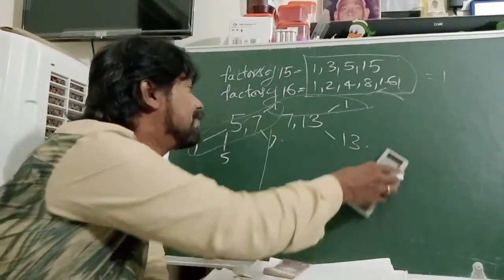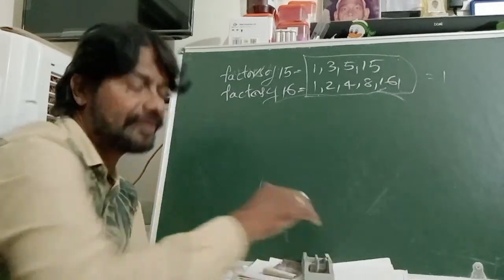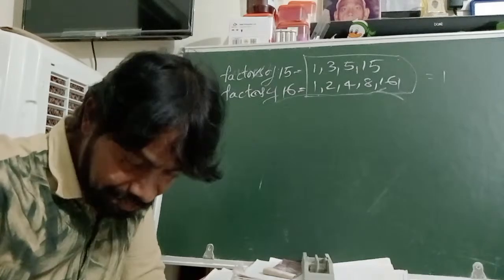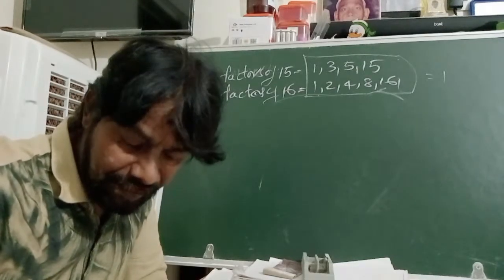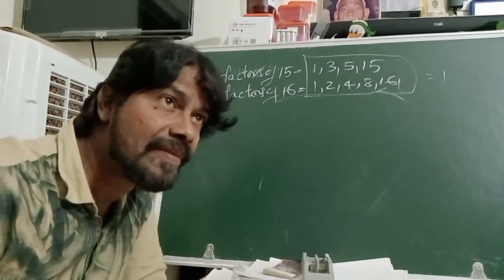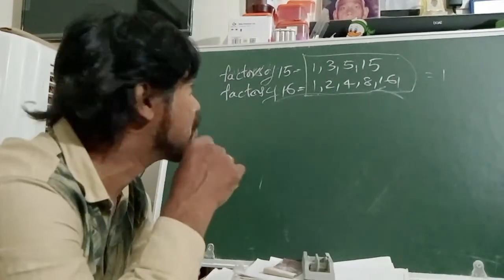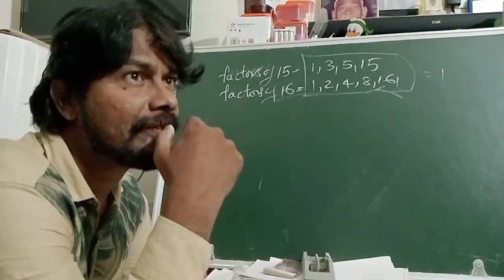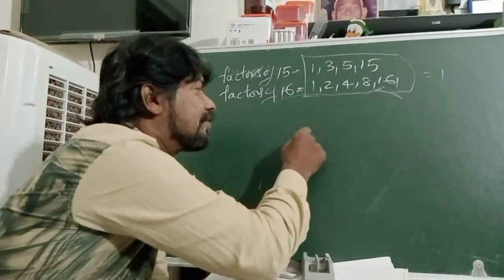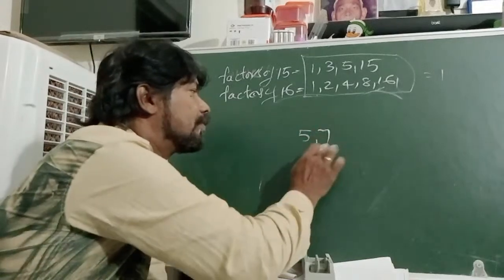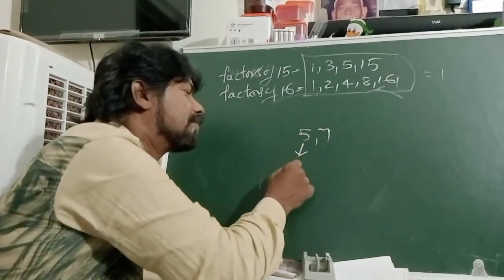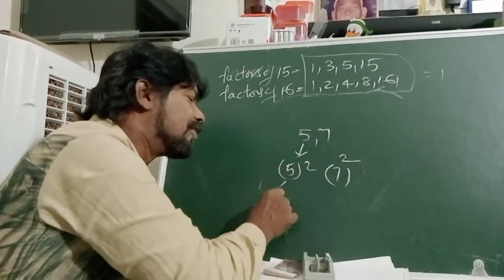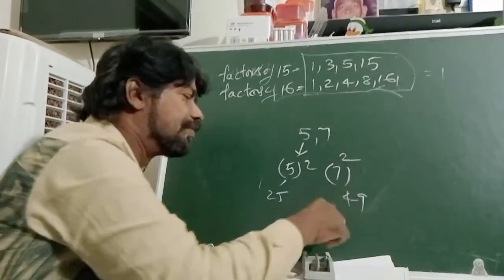The square of the two co-primes are always co-primes. Suppose, simple, 5 and 7. 5 square, 7 square. 5 square is 25, 7 square is 49.